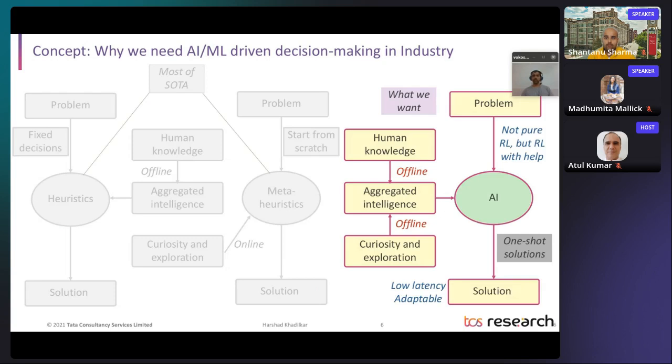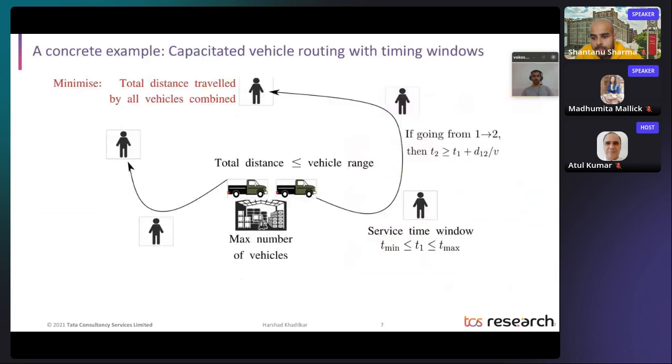So we want the best of both worlds. We are using human knowledge and curiosity and exploration to create this aggregated intelligence using offline training, which is then put into the AI algorithm so that when a new problem instance is given, you get a one-shot solution out of it.